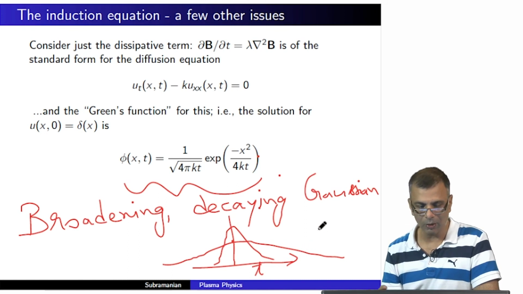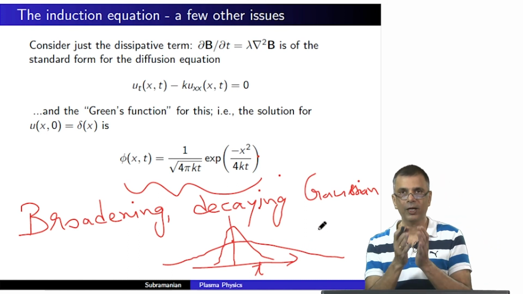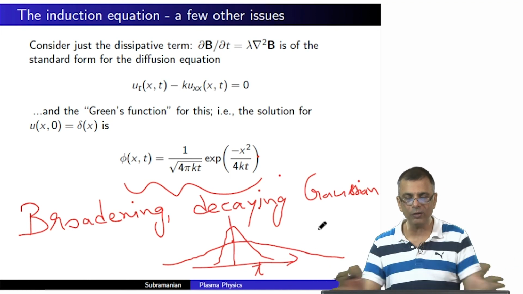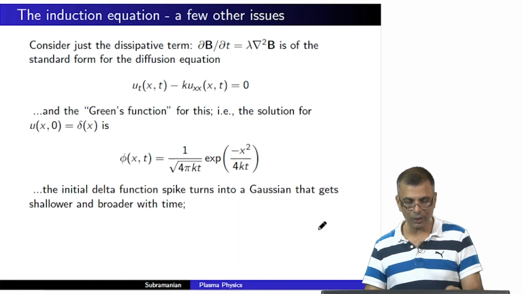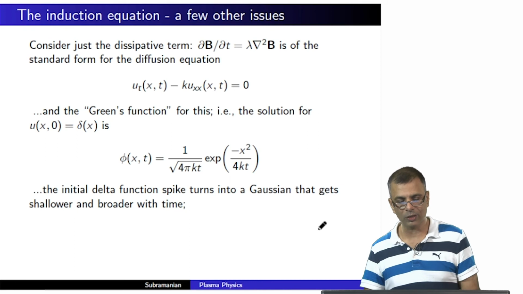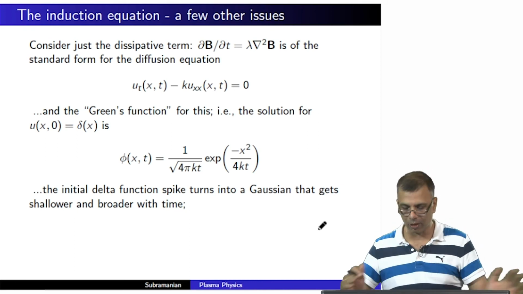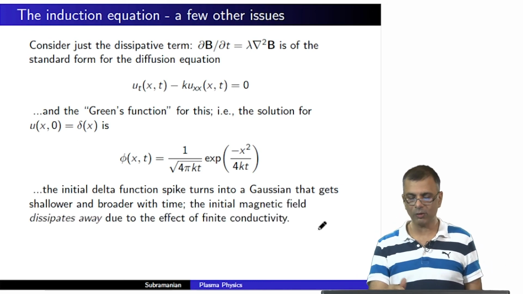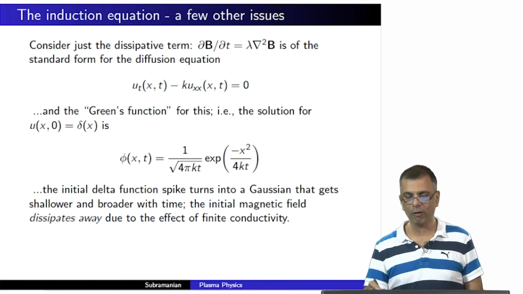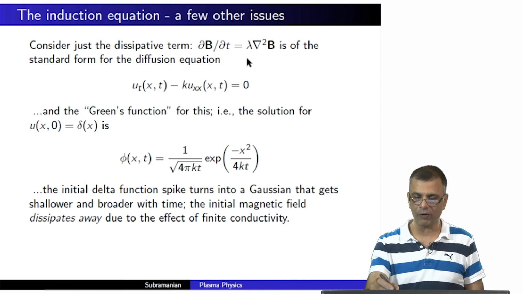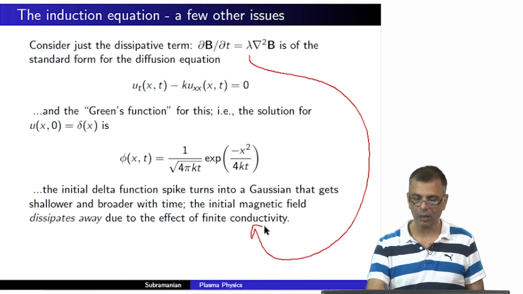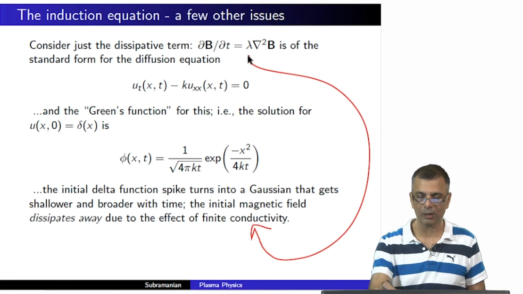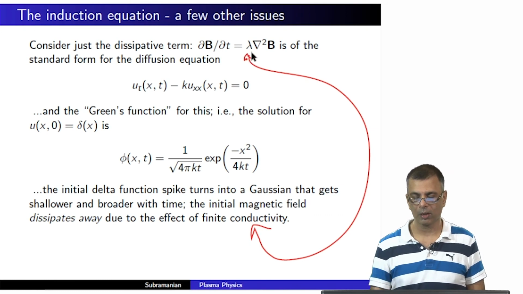This is essentially saying that the magnetic field is spreading out, is diffusing. So, an initial delta function turns into a Gaussian that gets shallower and broader with time. The initial magnetic field dissipates away due to the effect of the finite conductivity, and the effect of the finite conductivity is all embodied in this lambda term.